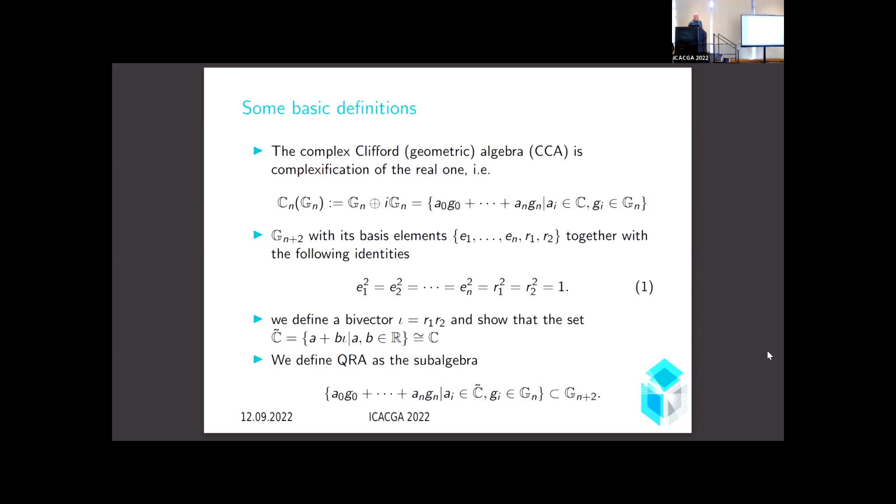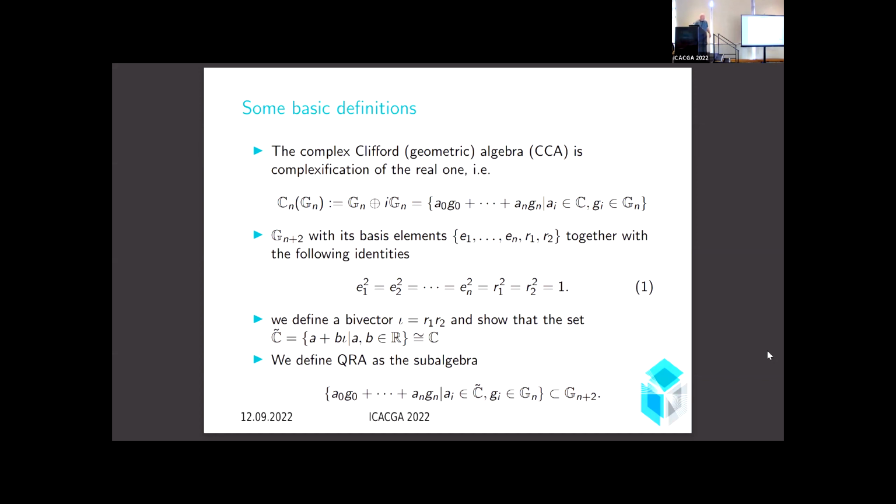So we take even elements in G2, because we add two new basis elements R1 and R2, and these two elements generate G2, and the even elements from this G2 are complex numbers for us.